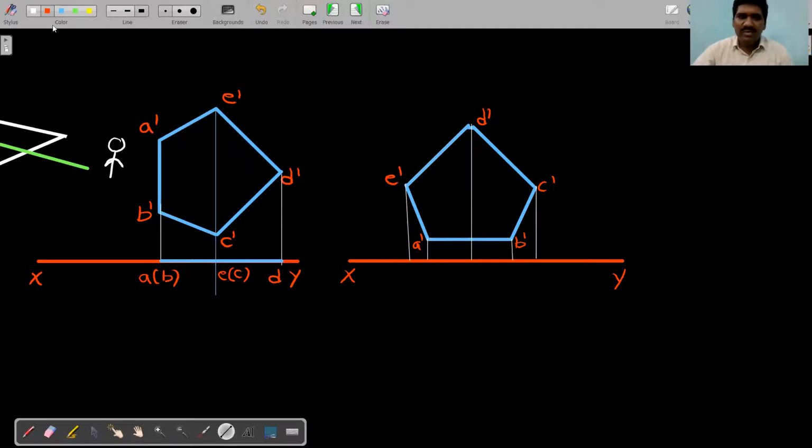Can you say what is visible in the top view, all of you? టాప్ వ్యూ చూడండి ఒకసారి. Yes, in the top view E is visible, D is visible, C is visible, but you cannot see A. Why can we not see A? Because this line is in between the observer and the point here.